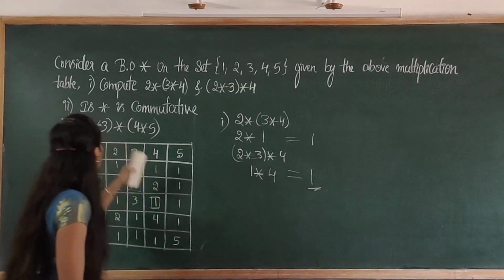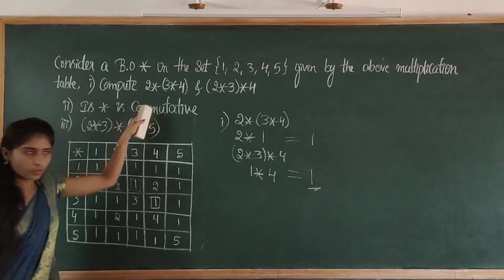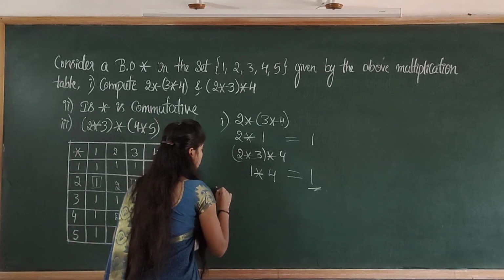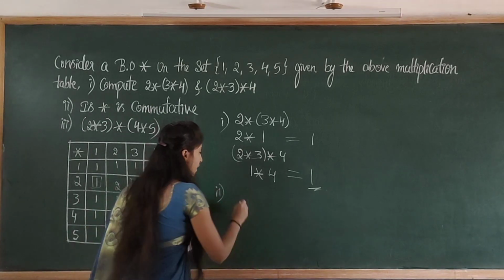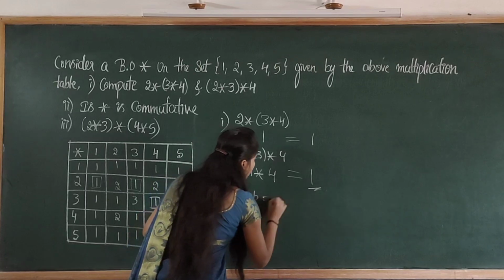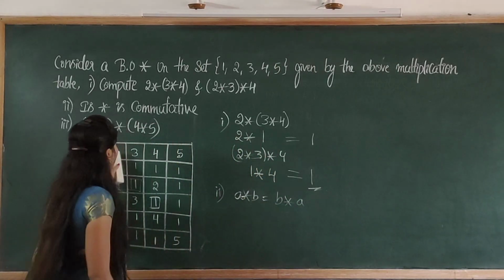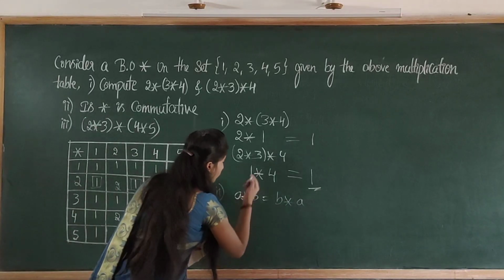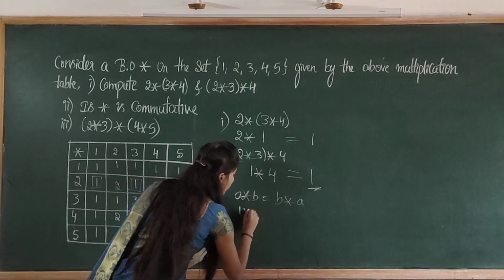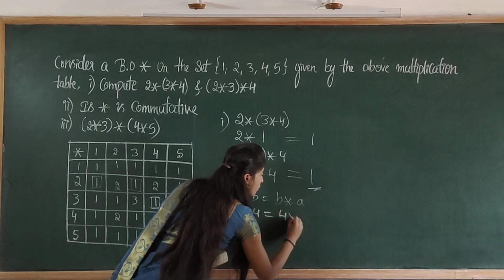Then we check it for the second one. Is star commutative? Commutative means we take any two numbers, A star B is equal to B star A. I will take 2, 3, which is already taken, so I will take 1 star 4 is equal to 4 star 1.